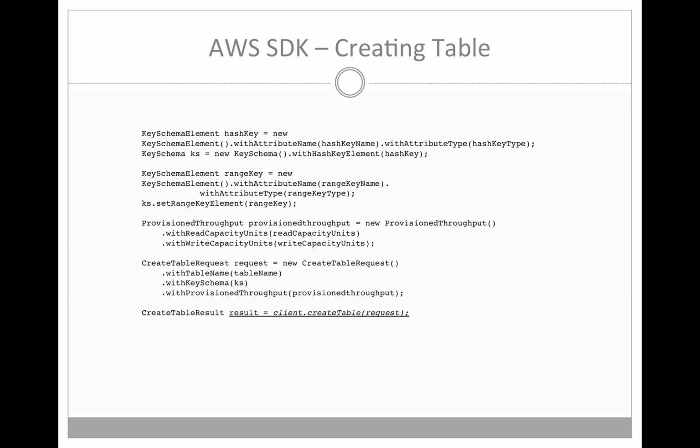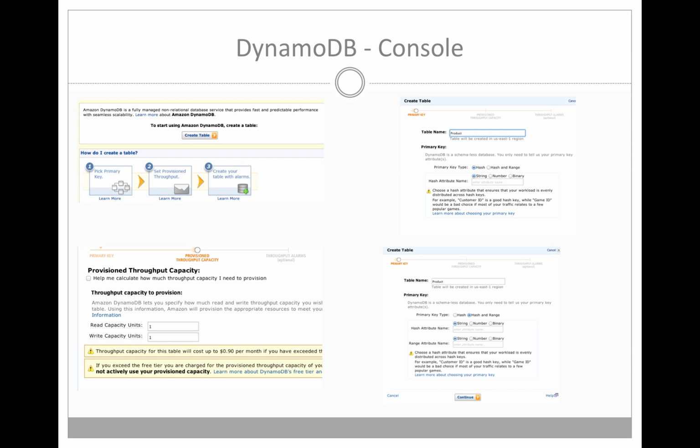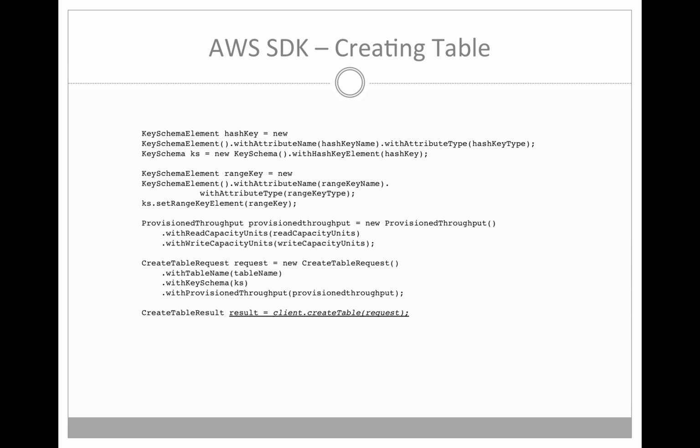That is one way, using the DynamoDB console. You can also do the same thing using the AWS SDK. As I mentioned before, the AWS SDK for DynamoDB is very simple. There are exactly 12 operations that you can do using the AWS SDK.